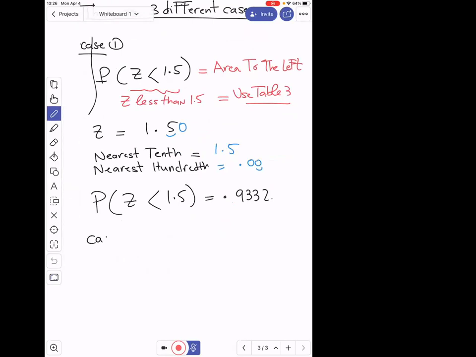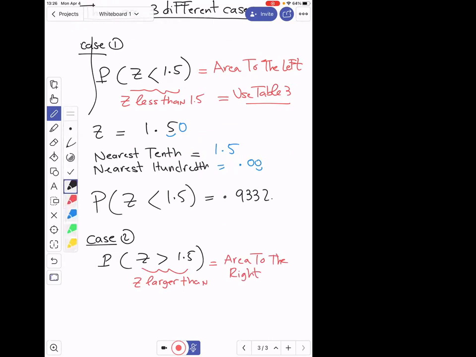Anyway, in 20 seconds, guys, we're going to do a lot of examples tomorrow, of course. Let me just mention the other cases. When your Z is larger than 1.5, this is the area to the right. The area to the right is not given by the table. We cannot find the area to the right by using the table.